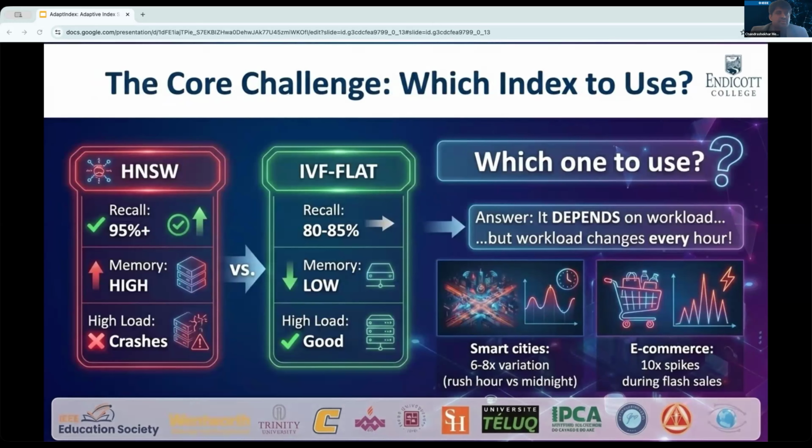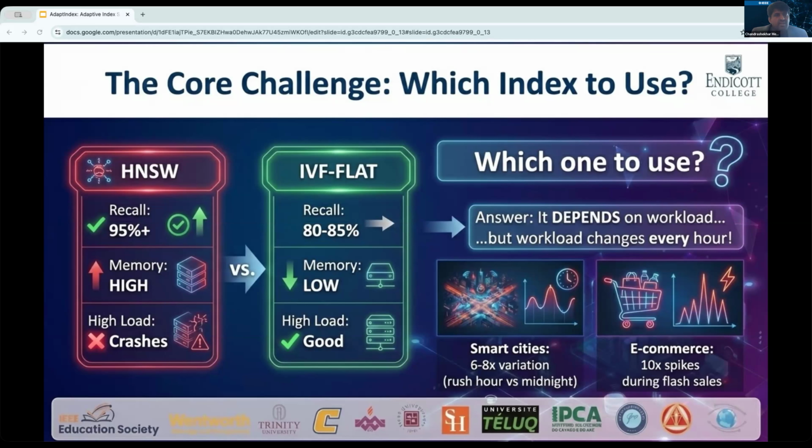So the fundamental problem here is choosing between the indexes. For those familiar with vector databases, there are two kinds of indexes. HNSW, hierarchical navigable small world graphs, gives you great accuracy, over 95% if I recall correctly, but uses massive memory and crashes under high loads.